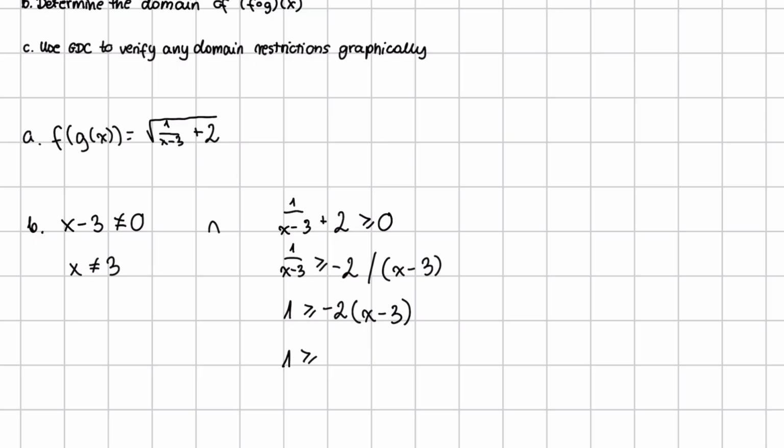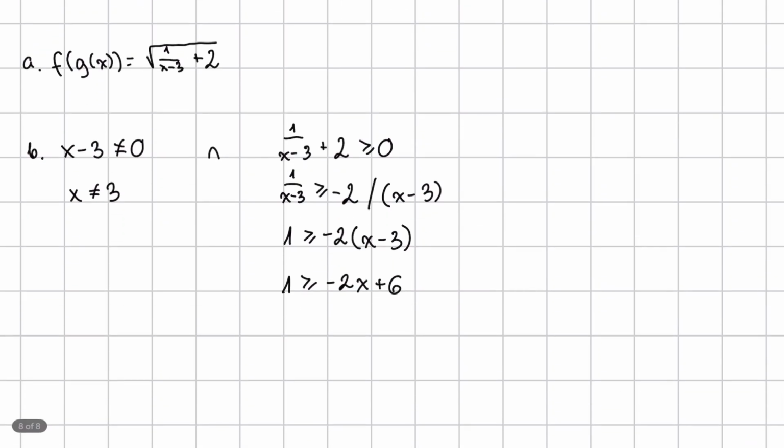So here we have the same, here we have minus 2x plus 6. Now we can move our negative 2x from right hand side to left hand side, and our positive 1 from the left hand side to right hand side.